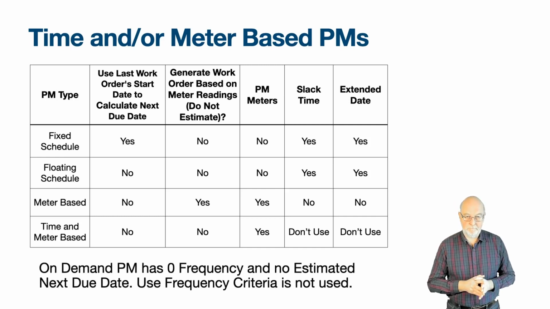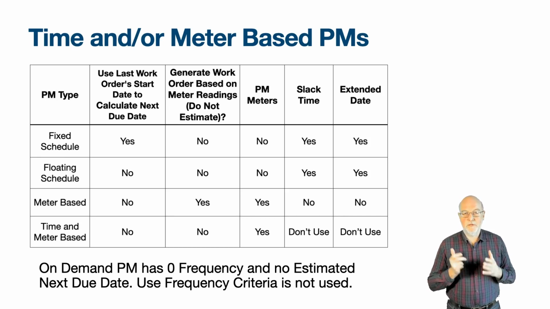And the final point. An on-demand PM is where there is a zero frequency and the estimated next due date remains null. A work order can be generated by deselecting the Use Frequency Criteria field in the Generate Work Orders dialog.